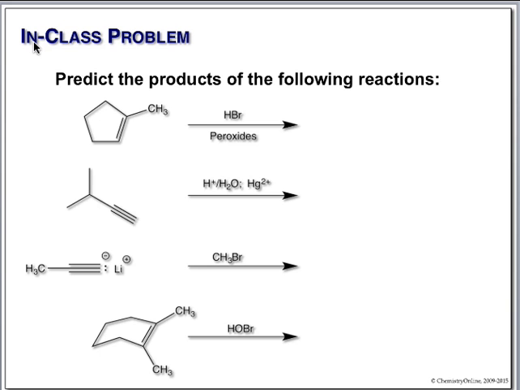So a radical is going to form at the tertiary center. Now that means that bromine radical must have added to the secondary center. So this is anti-Markovnikov regiochemistry. Once we form the tertiary radical, we pick up a hydrogen and we simply form the alkyl halide.